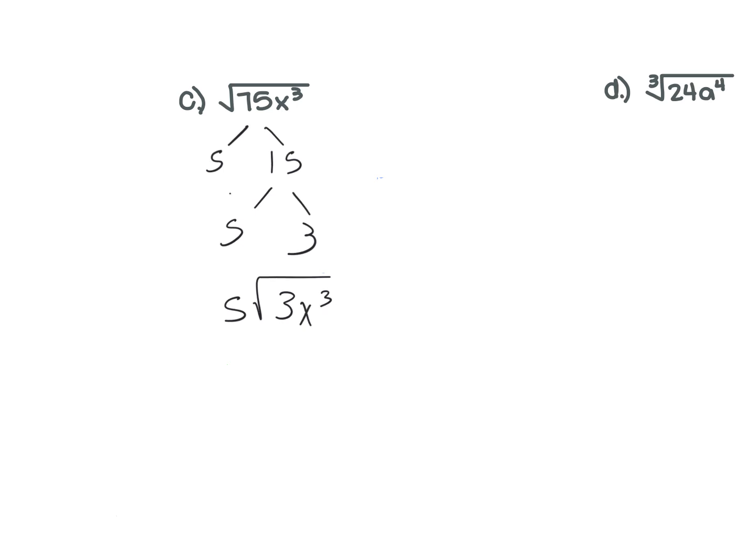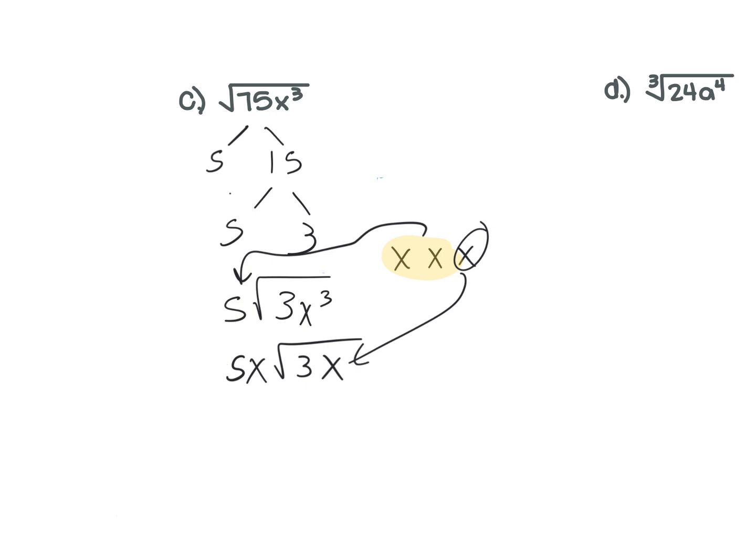If you notice, we have 3 x's and we only need 2 of the same. If I want to factor it out or just expand it, since we know the index is 2, we just want 2 of the same. So I can go ahead and take that out into the outside of the square root to getting 5x square root of 3x. Again, this x is the leftover, so it goes in there. But this is your final answer for this question.